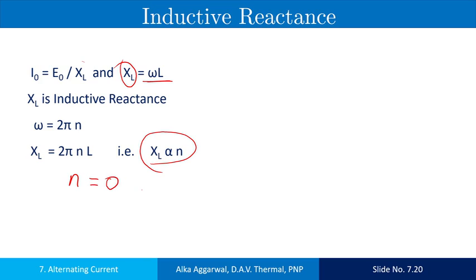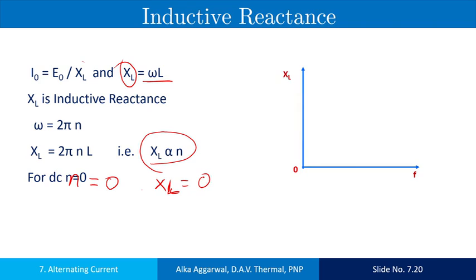It means inductive reactance for the DC circuit is equal to 0. It means the inductor does not obstruct the current in case of DC. And in case of AC, the higher the frequency, the higher the resistance, or the inductive reactance. When we plot a graph between the inductive reactance and the frequency, it will be a straight line passing through the origin.